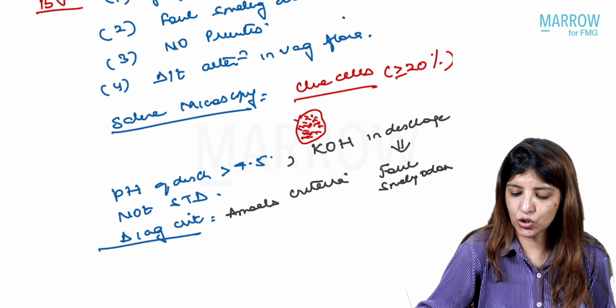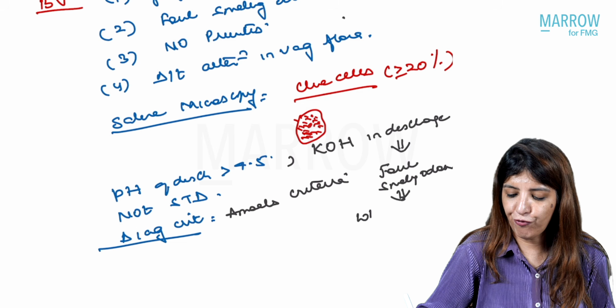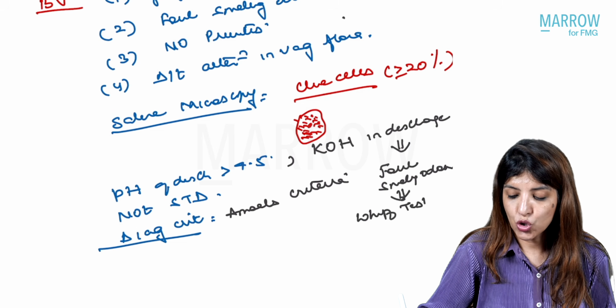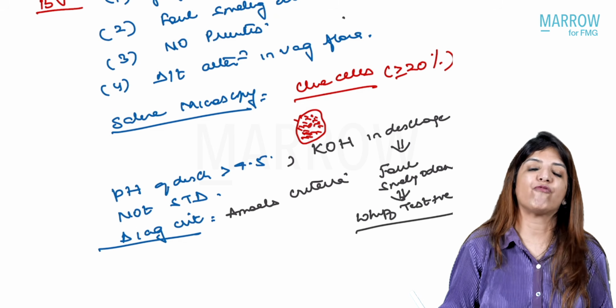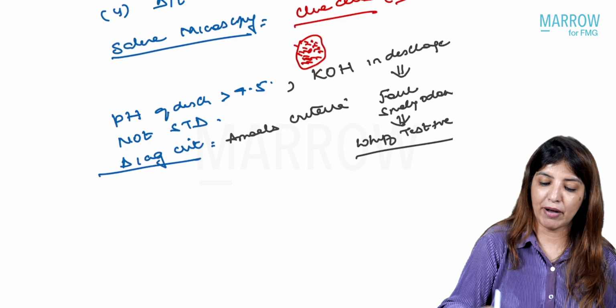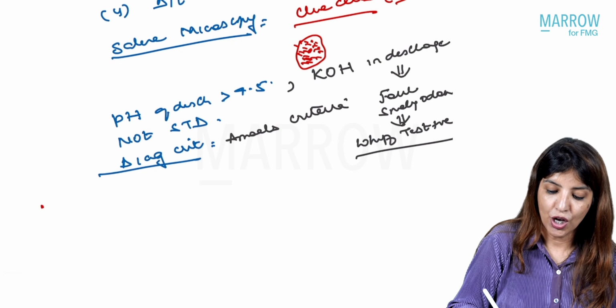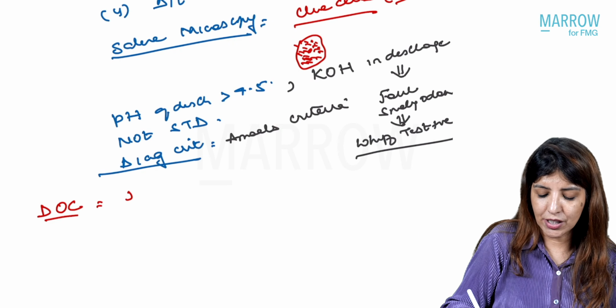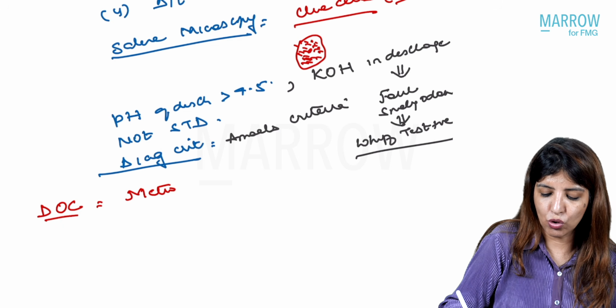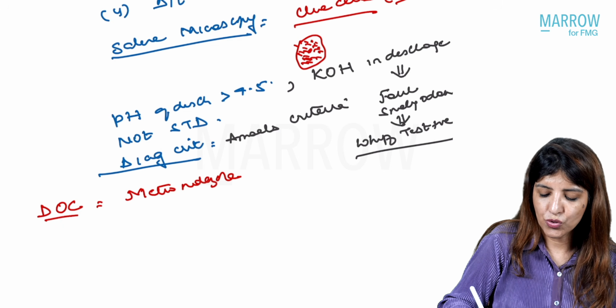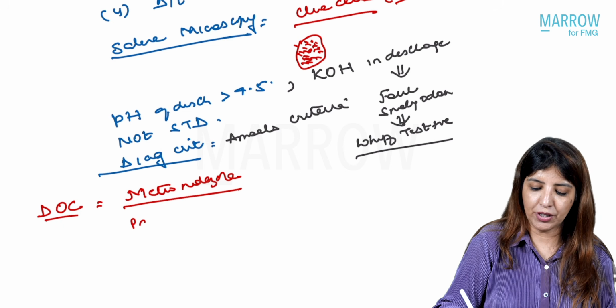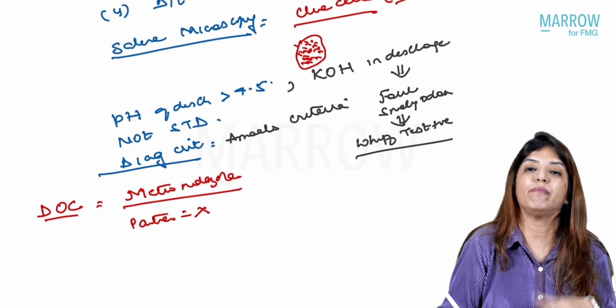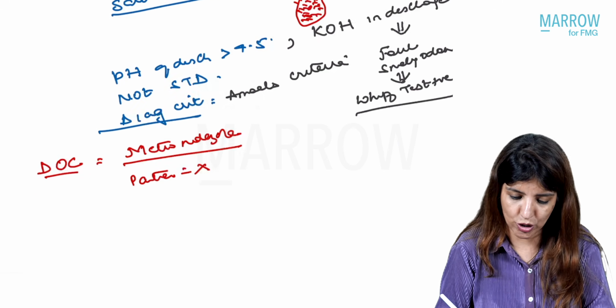This is what is called whiff test positive. So whenever your question says whiff test positive, it means they are talking about bacterial vaginosis. The drug of choice for bacterial vaginosis is also metronidazole, and please remember, partner treatment is not done because it is not sexually transmitted.